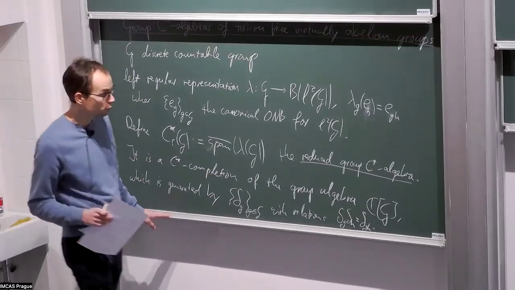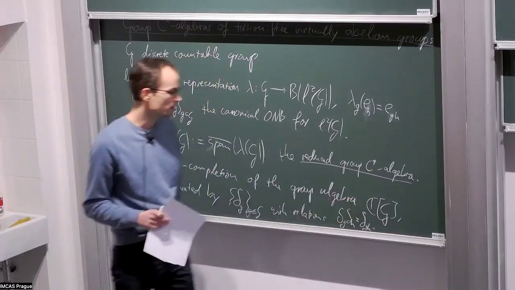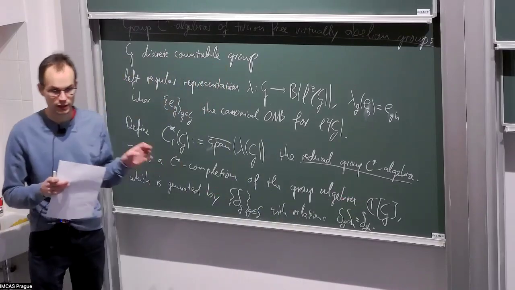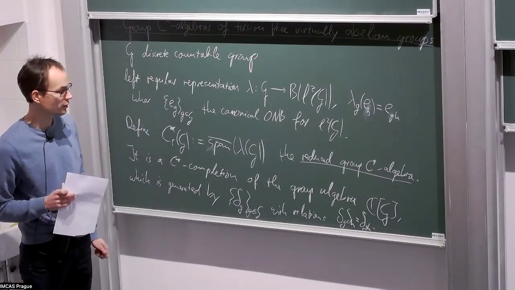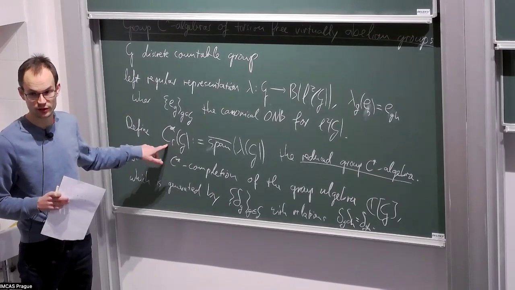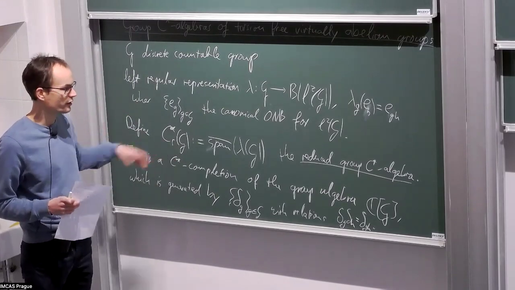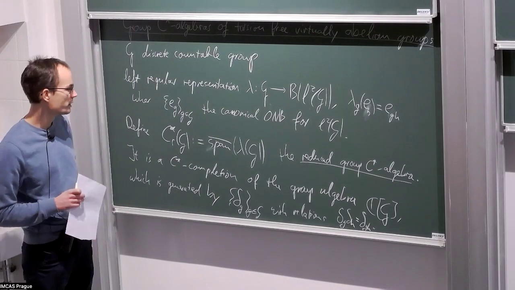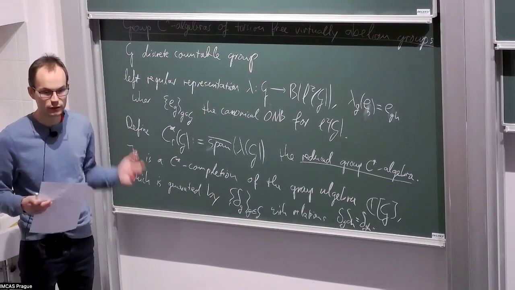For finite groups, at least, the group algebra is very intimately related to the representation theory of the group, and the same is true for the group C-star algebra. So this is an interesting object that has been studied for a long time. It's also, in general, very difficult to understand.